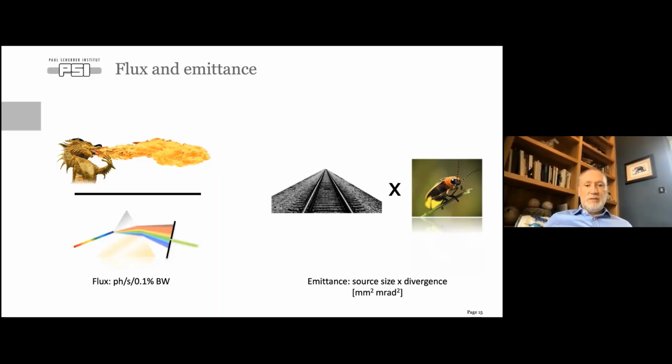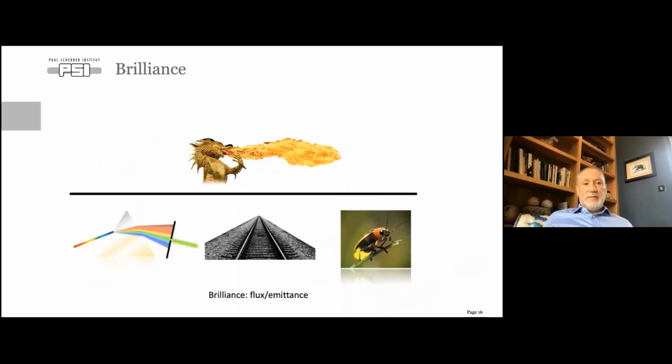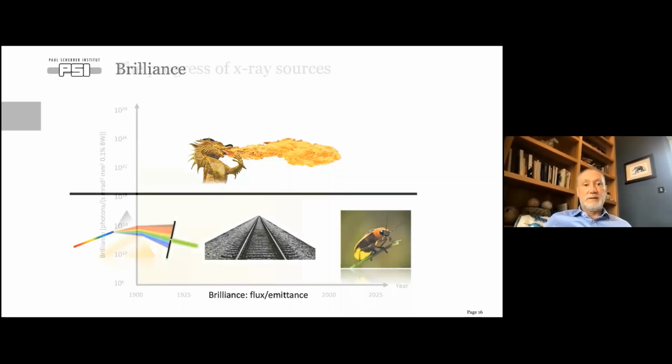If one brings this emittance underneath, then the full characterization of a figure of merit for a synchrotron is given by the flux divided by the emittance, measured in photons per second per 0.1% bandwidth per milliradian squared per square millimeter. Okay, so that's a figure of merit which you should keep in mind.